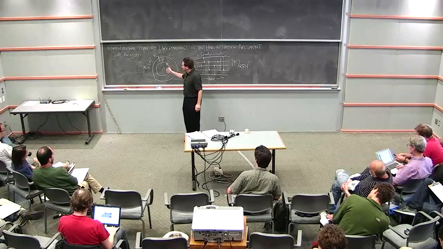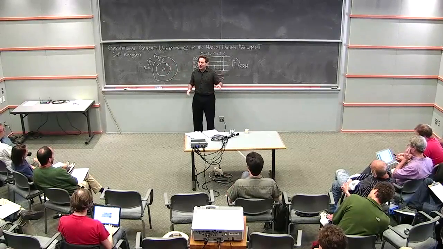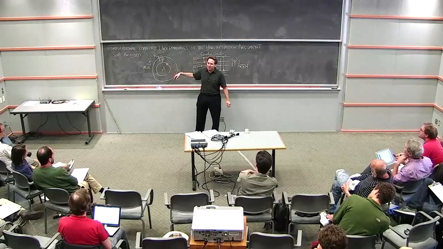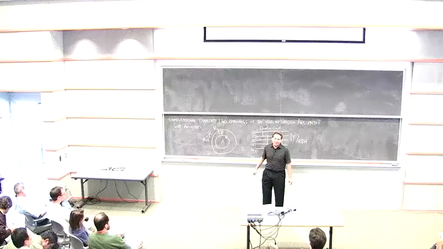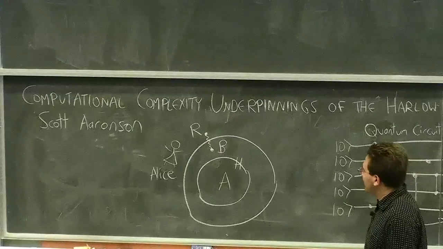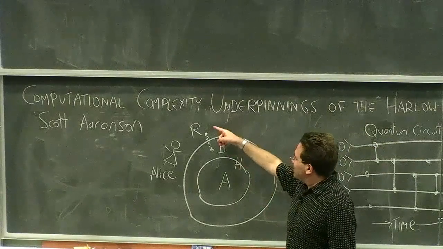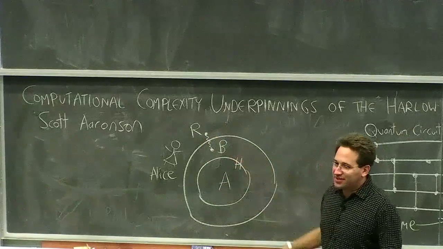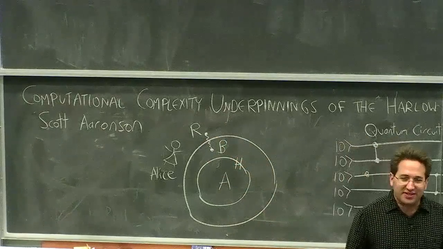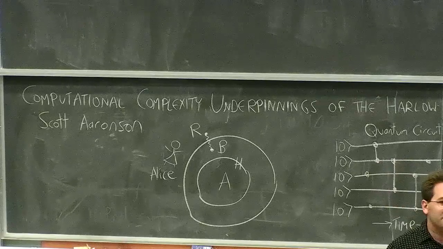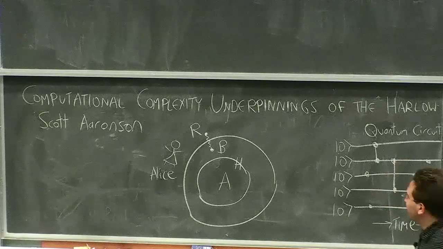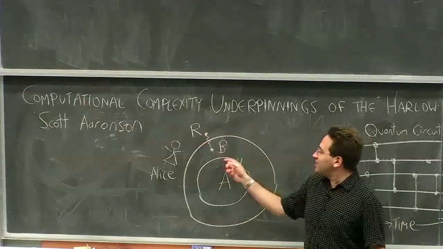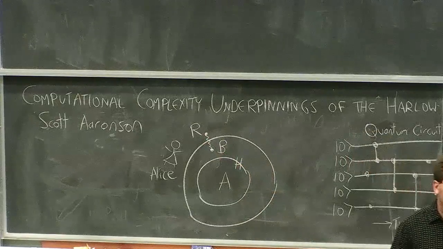The point they were making is that if you consider this, by now familiar to all of you, setup, here is an old black hole. It's radiated away at least half of its stuff. Here's the old Hawking radiation, R, and here's the fresh Hawking radiation, B. In principle, there should be an experiment that an infalling observer, Alice, could do where she would detect that R and B are entangled with each other.